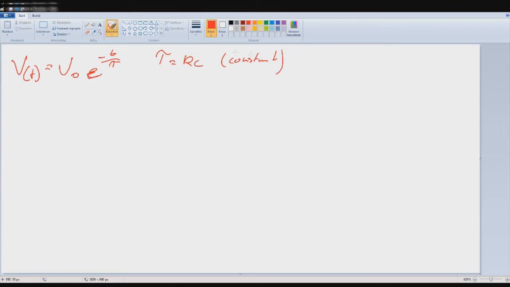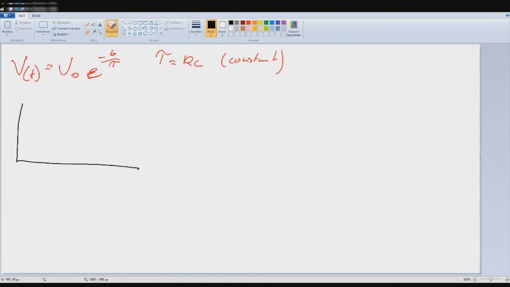It's a time constant, so this is in seconds, which makes this whole thing basically a ratio, because voltage is voltage, and this is basically not a unit of any sort. But let's see what this is going to give us.